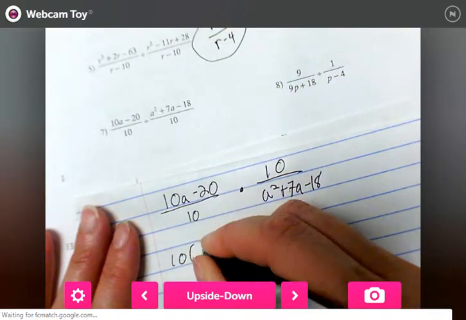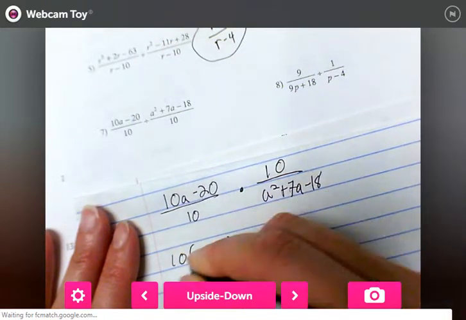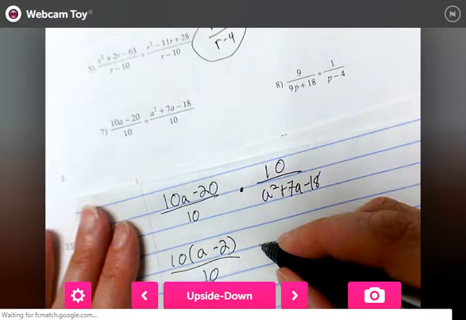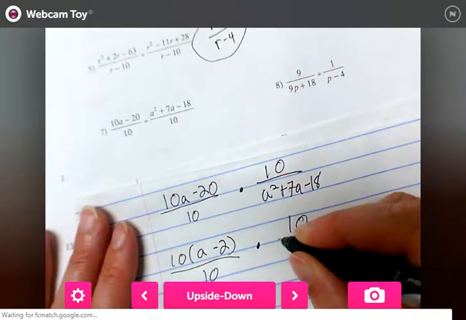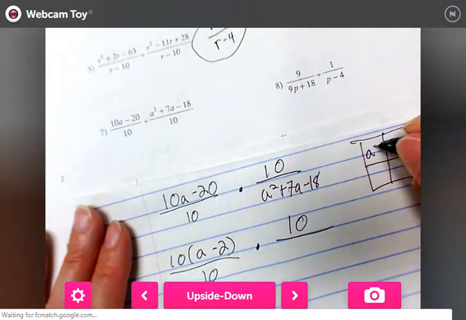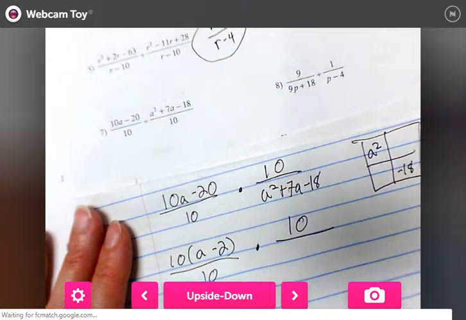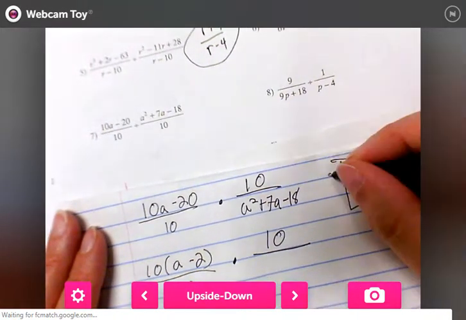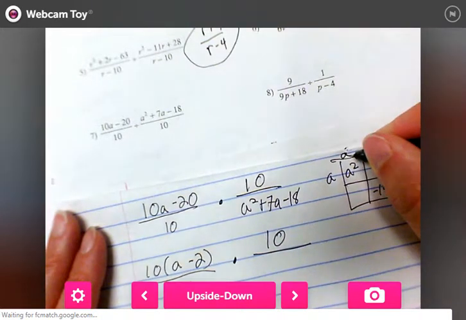So I'm going to pull out a 10. So I'm left with a minus 2 over 10 times 10's on top. So I need to factor this. I've got a squared. What two numbers multiply to give me negative 18, where I could add them up to give me 7a?